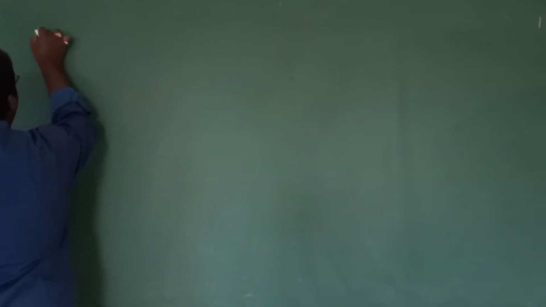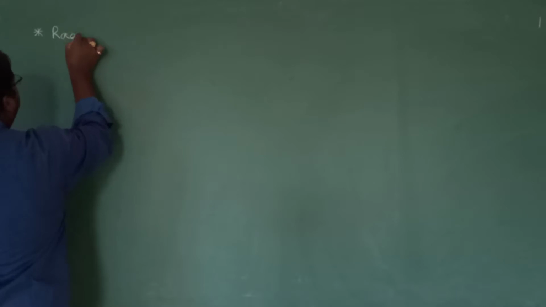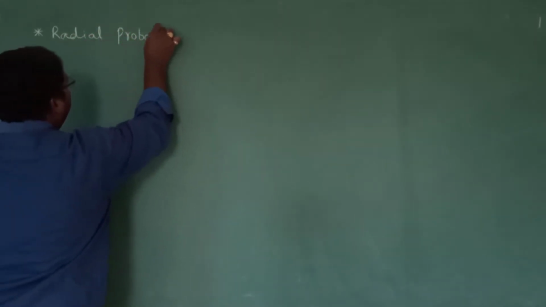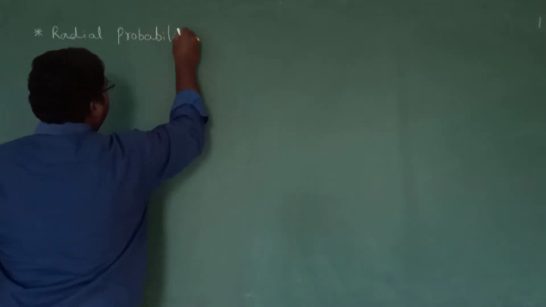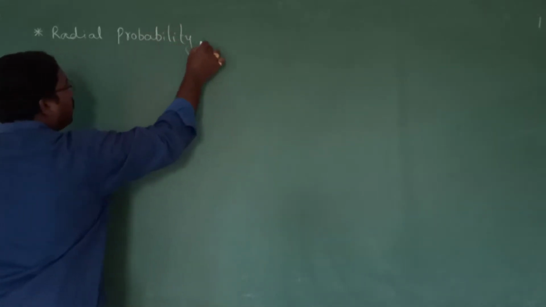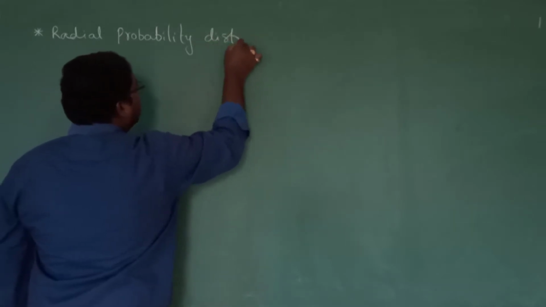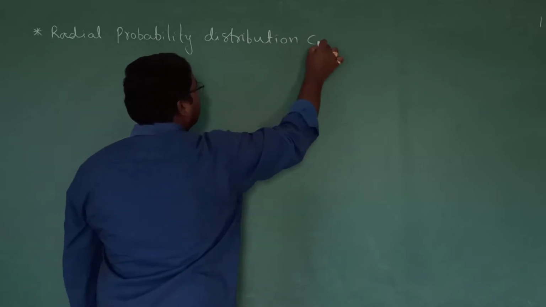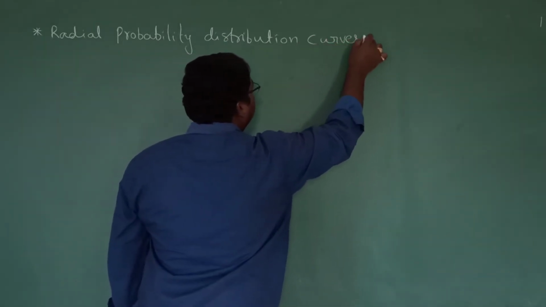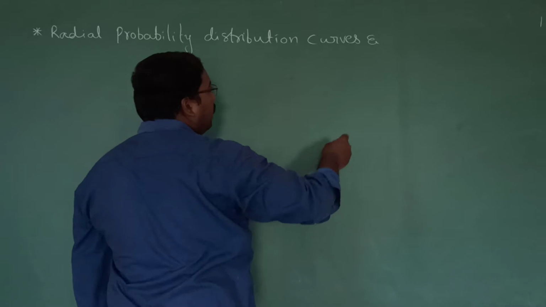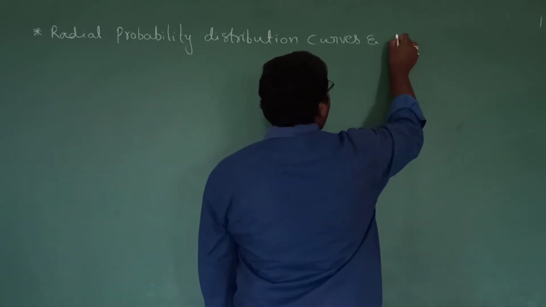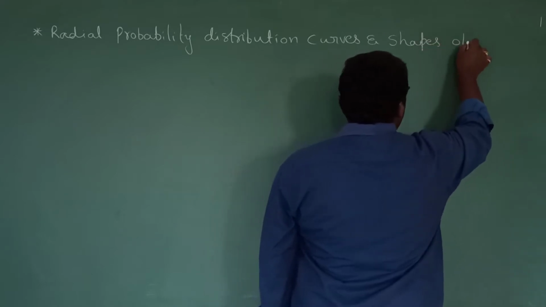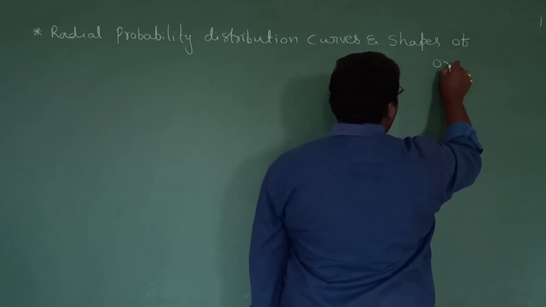Keep the heading here: Radial probability distribution curves, and then shapes of orbitals.